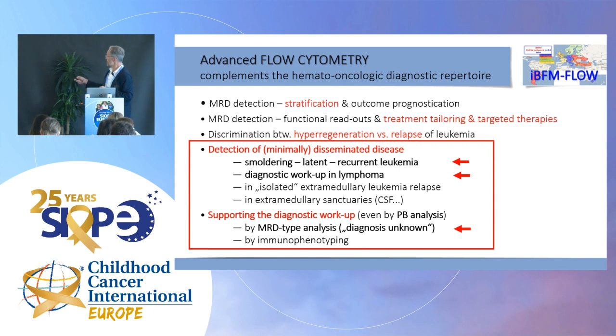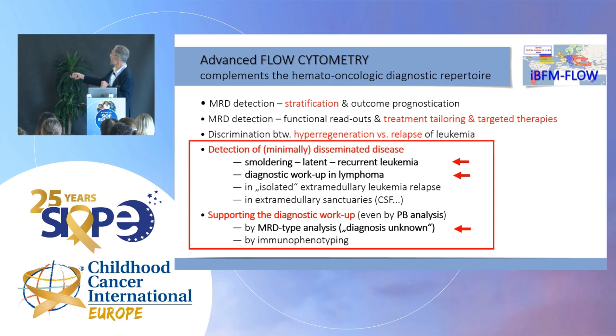Flow really can, because the phenotypes, overexpression of CD10, for example, some of those features, they are really generic. Many cases have this phenotype. So you really can use this information of how aberrant B-ALL blasts look, and take it to investigate samples where you think, okay, it might be a leukemia.